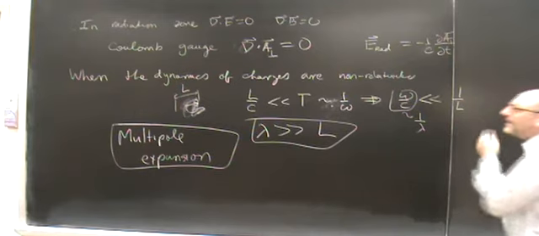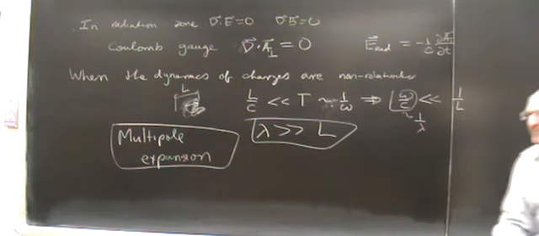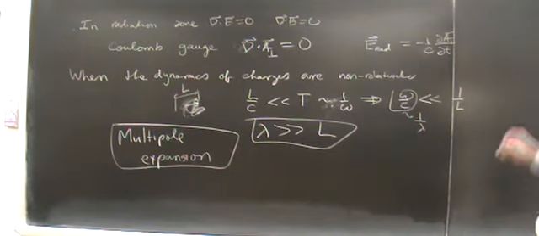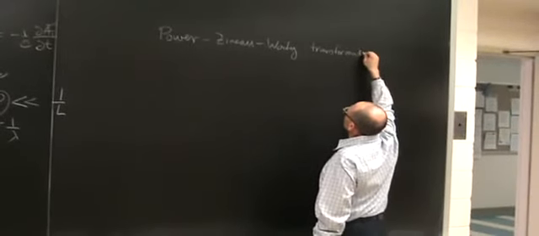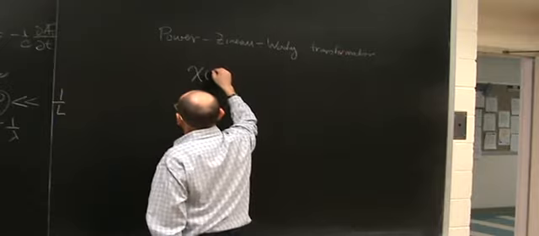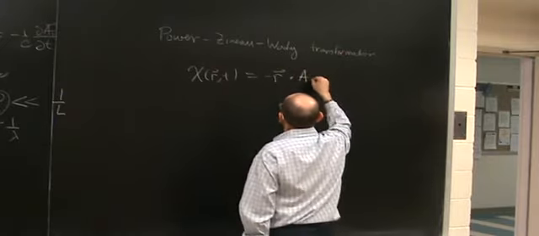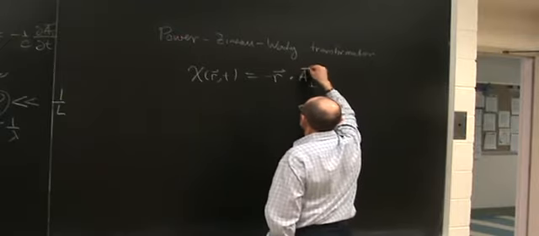Okay, so in order to make that multipole expansion, we want to make another gauge transformation, and this is known as the Power-Zienau-Woolley transformation. So I'm going to define a new gauge function, which is equal to this minus that, I mean, dotted into that.